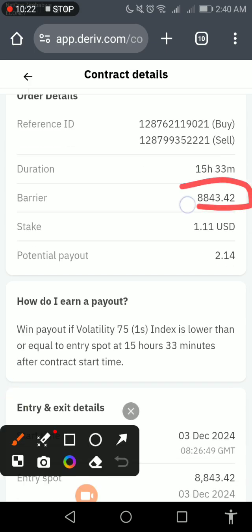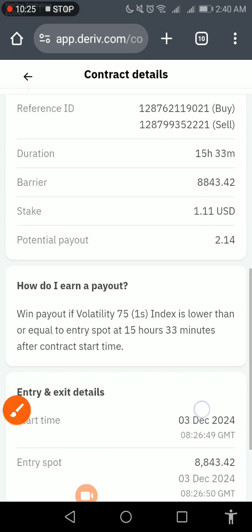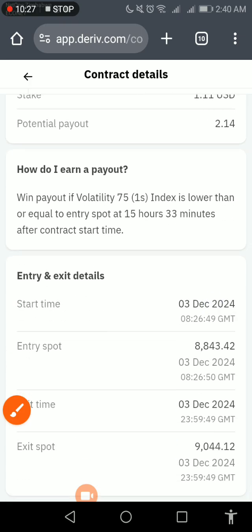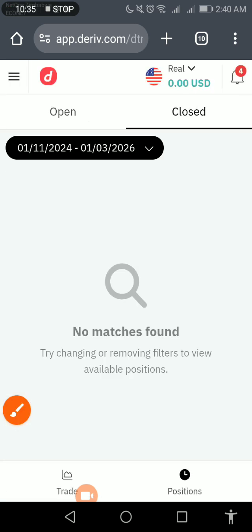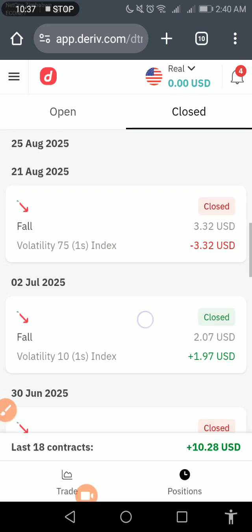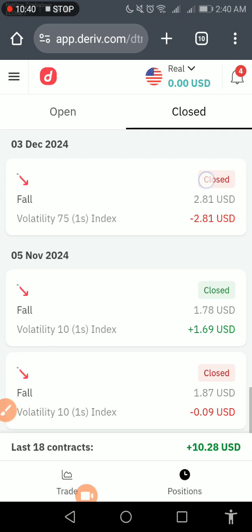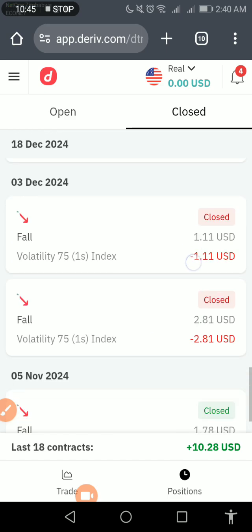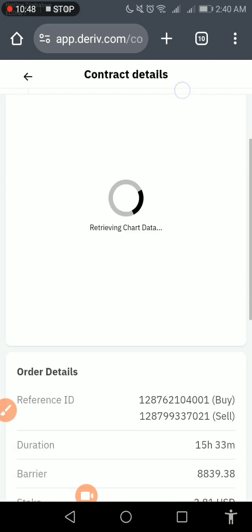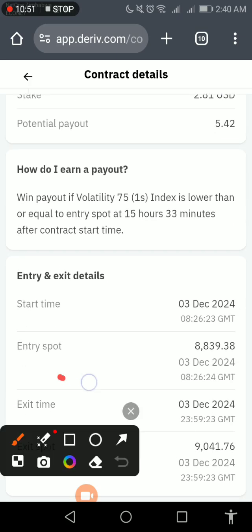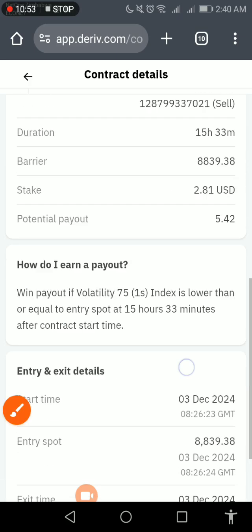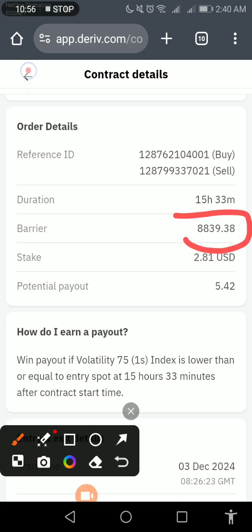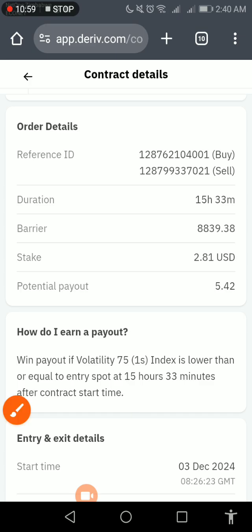You can see the price of 88.43 where I opened the trade with entry time of 26 past 8 for the first position, with the second position on 3 December also now being just close to that time. Second position also still being 26 past 8 with a close price to the price of the first position.